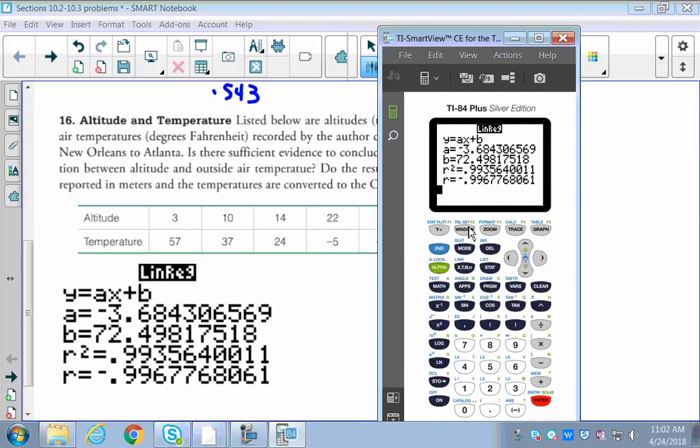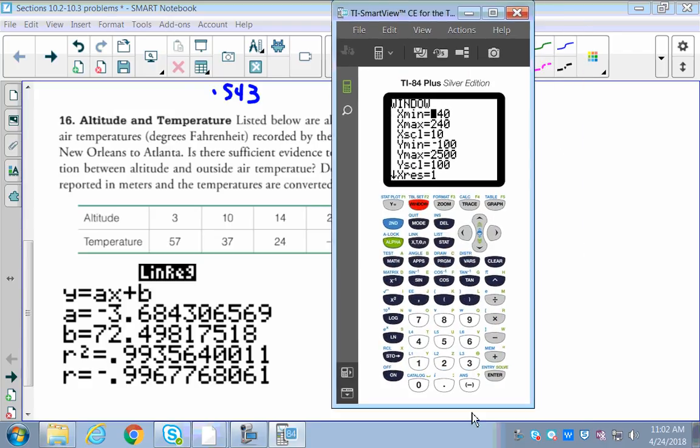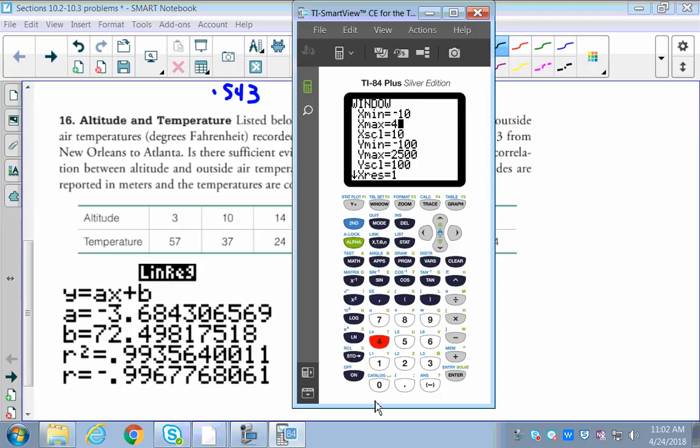So let's go into our window and change these settings. I don't even remember what I said I was going to put in there. So X max, we'll go 40. For my scale this time, I can select 5. I could probably get away with 1, but 5 makes sense.